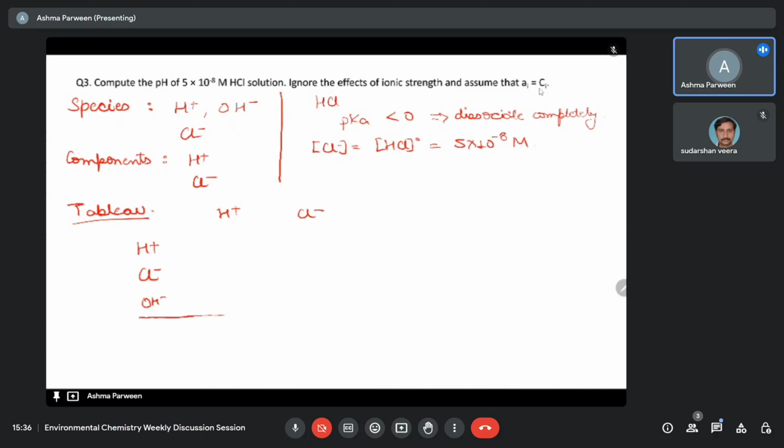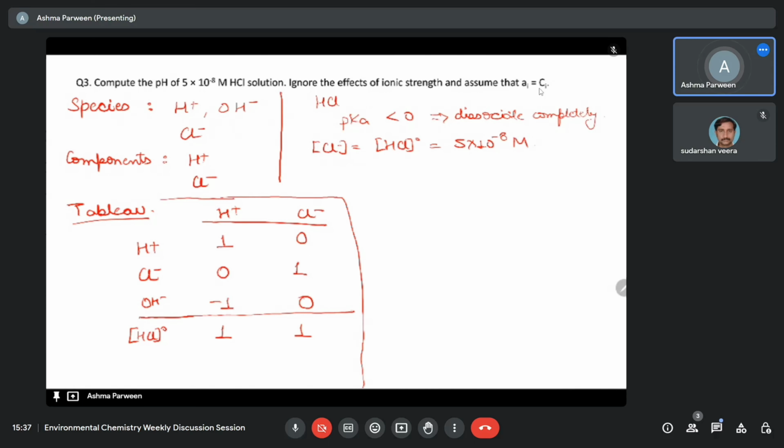Now, all these are coming from HCl naught. So for H plus we will have 1 H plus and 0 Cl minus. For Cl minus there is 0 H plus and 1 Cl minus. For OH minus, it will be minus 1 and Cl minus will be 0. And from HCl, 1 H plus is given and 1 Cl minus is given.